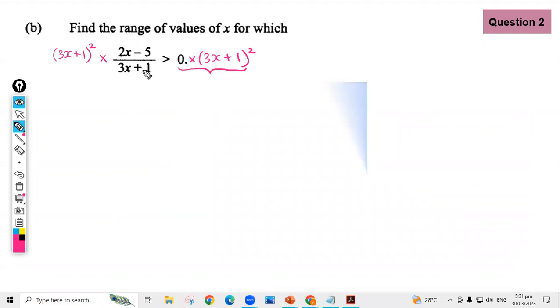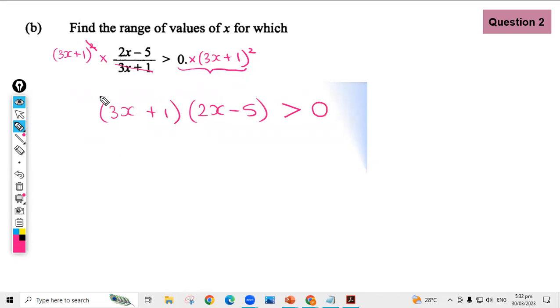If here we have 3x + 1, this will cancel out with one of the 3x + 1s on top because the top one is squared. So on top, we're going to end up with what? (3x + 1)(2x - 5) is more than 0.